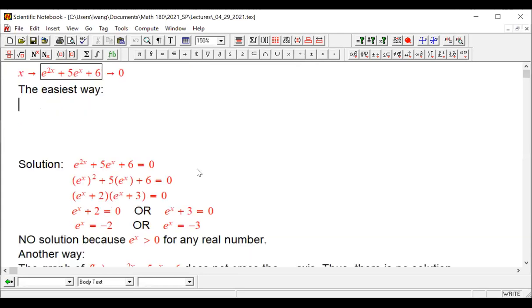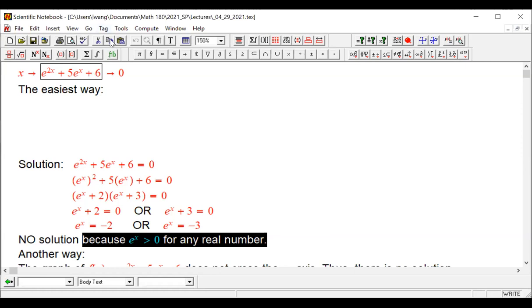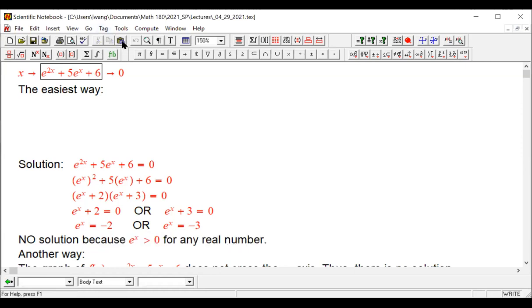The easiest way is to do this. I would say because e to the power x is positive for any real number.